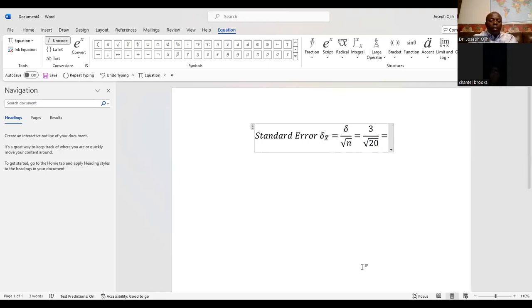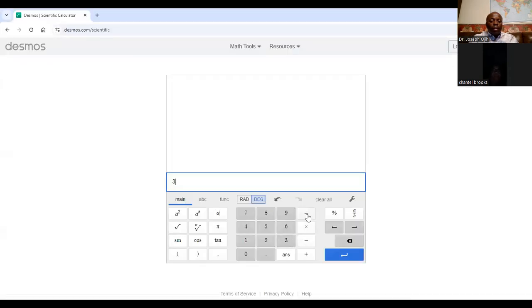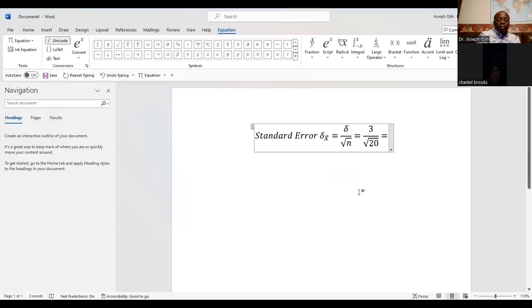So this we can get from the calculator. 3 divided by the square root of 20 is 0.671, around that. We round it.